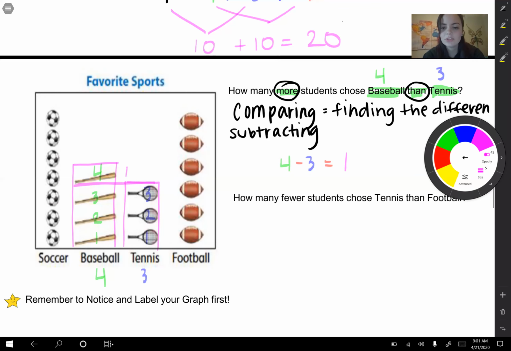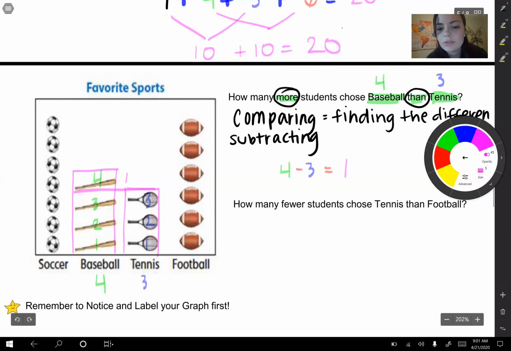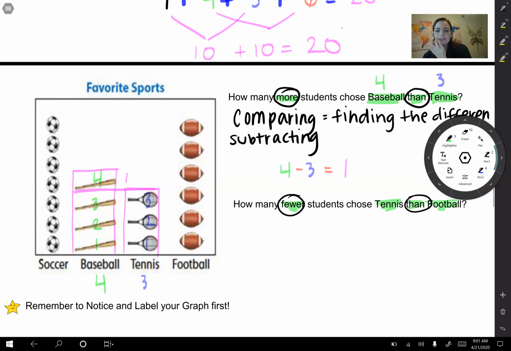How many fewer students choose tennis than football? So I'm going to circle those action words, fewer than. So more than, fewer than, less than, sometimes those all are comparing.